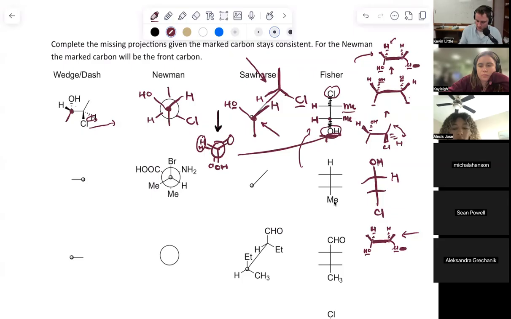But if the Cl is on top, I have to look at it from this angle. So depending on which angle you're looking at it to do the Fischer projection will change whether your wedges are on the right or your dashes are on the right. It's one of the main reasons I've been telling you guys since the beginning that if someone tells you that, do not listen to them because they're lying to you.